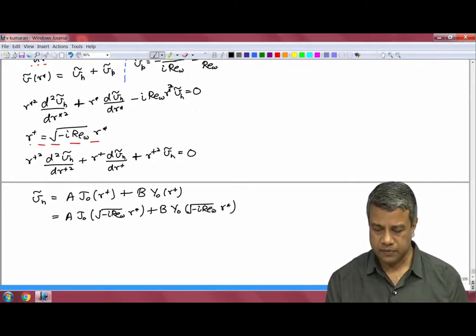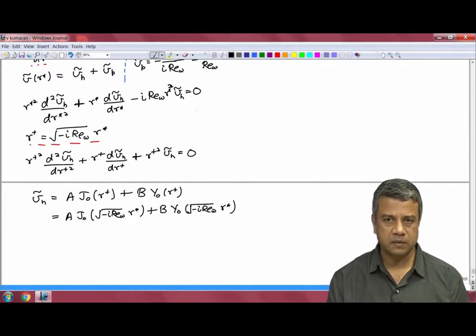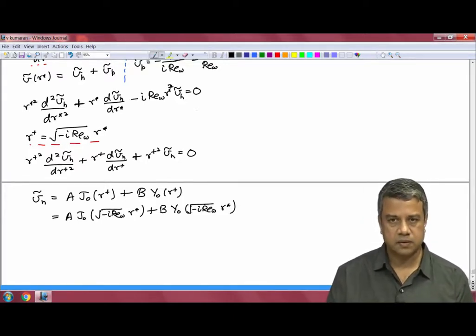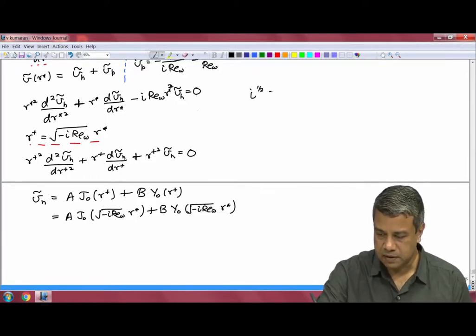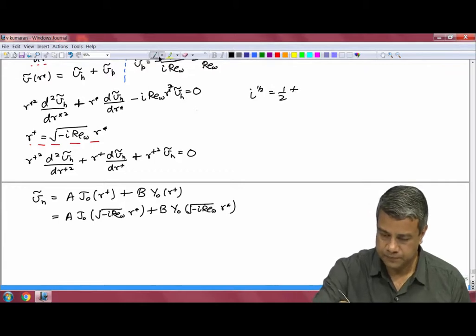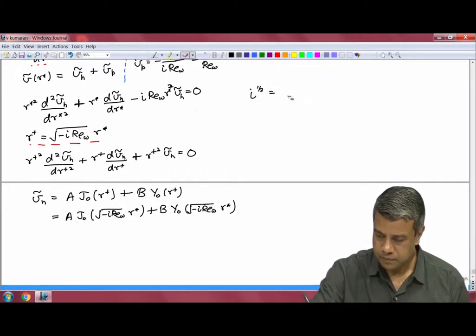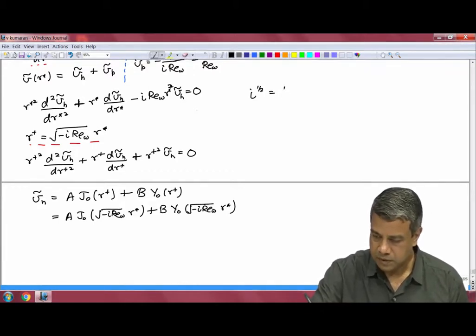Okay. For those who are not familiar with taking the square root of a complex number, I should note that I power half is equal to 1 plus I by root 2.